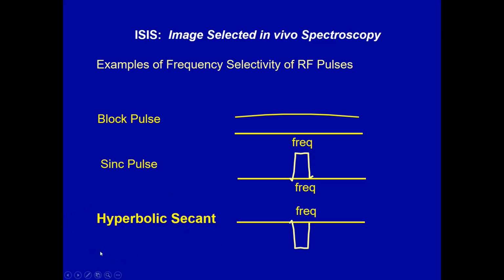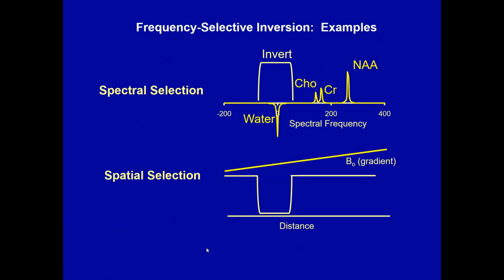These hyperbolic secant pulses can be very useful for frequency selective inversions when there's inhomogeneous B1. Here are some examples of how you might use a frequency selective pulse.